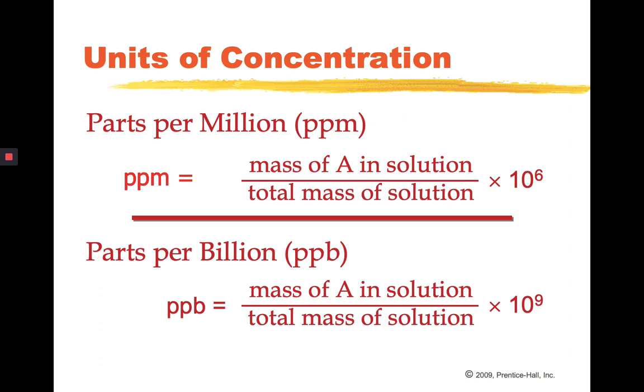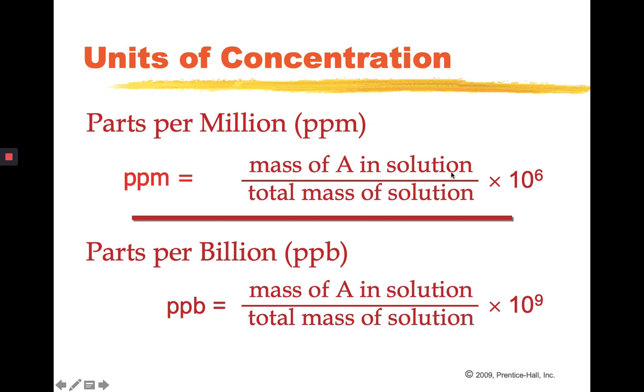The factor there is times 10 to the power of 9. So it's just these factors that are different from percentage. If it's percent, it's times 100. If it's parts per million, then you count the number of parts times a million. If it's parts per billion, that's the mass of substance A over the total mass of the solution times a billion, 10 to the ninth.